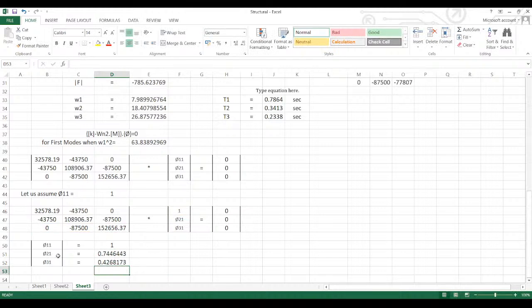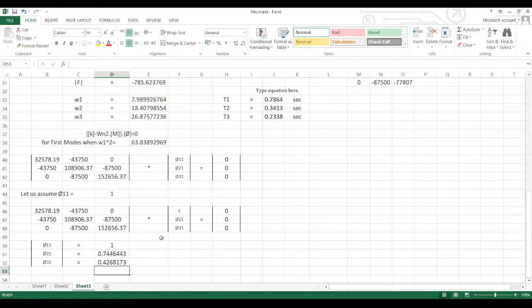We have calculated this one. This is okay. That's why we are solving these equations. We get phi 11, phi 21 and phi 31.